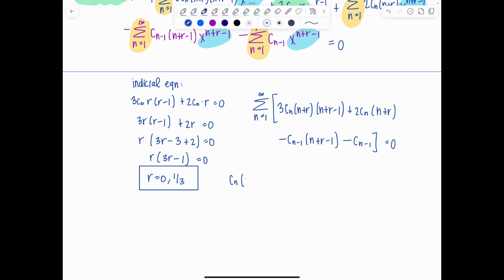And I can take out n plus r. Then we have 3 times n plus r minus 1 plus 2, and then that equals the other terms that have cn minus 1 in them. Factor that out, then you have n plus r minus 1 plus 1. Okay, perfect.